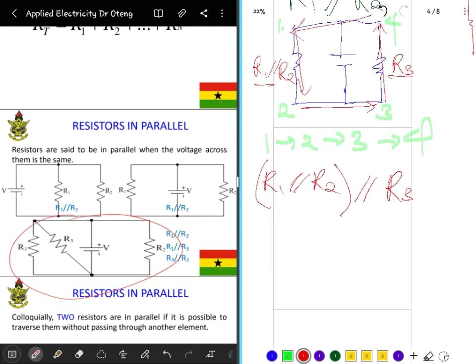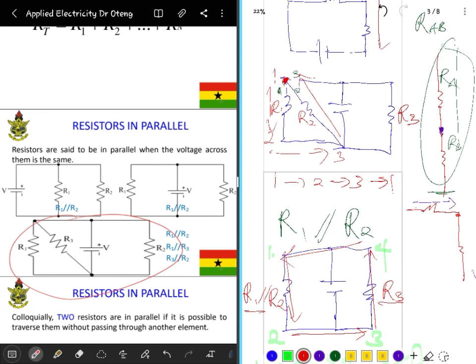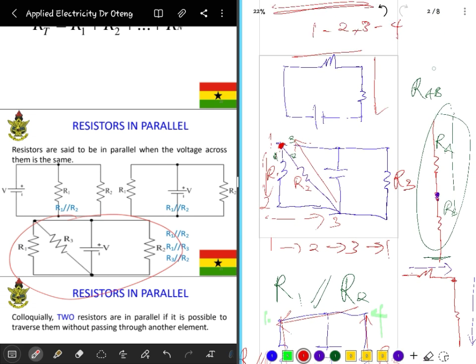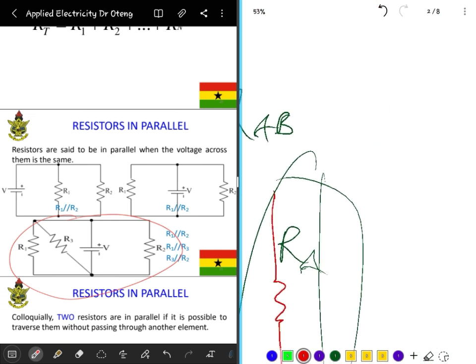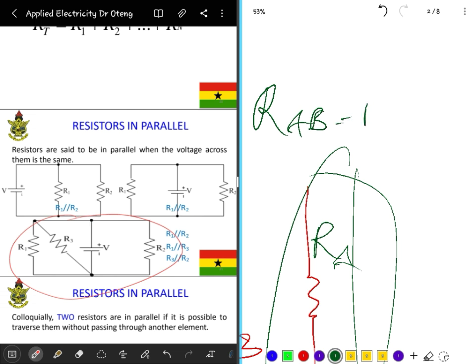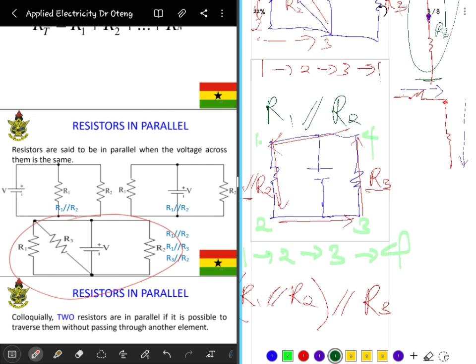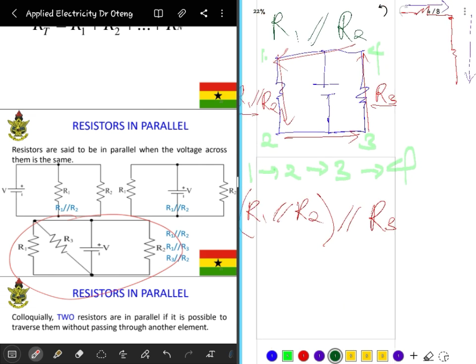When we add series resistances, like this RAB in this particular case, RAB is equal to RA plus RB. That's how it's written. But when it comes to parallel, like R1 and R2, to find the result we end up getting what we call RT.